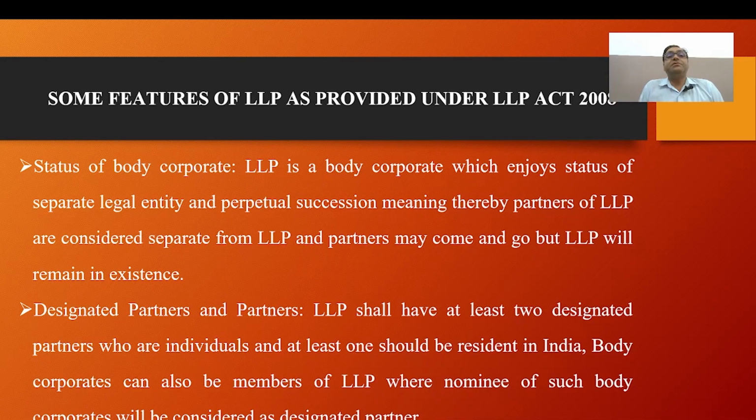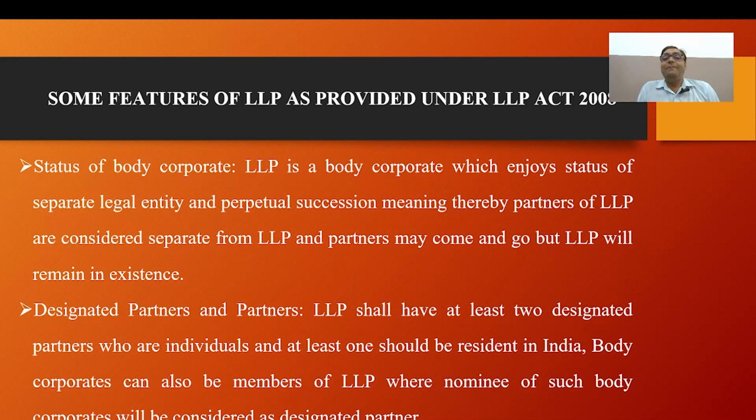Number one, status of body corporate. LLP is a body corporate which enjoys the status of a separate legal entity. Thereby, partners and LLP are considered separate, and partners may come and go, but the LLP will remain in existence. Number two, designated partners and partners.